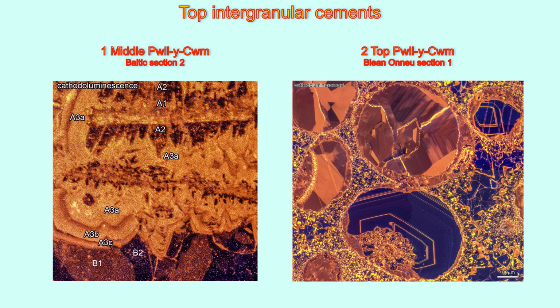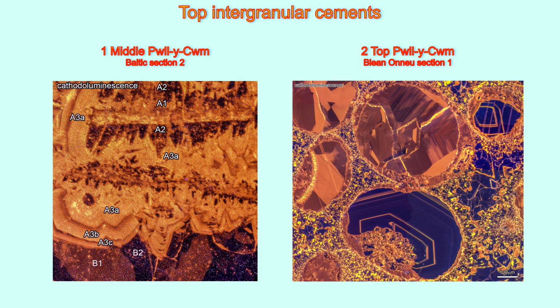At deposition, the top and middle Pulthicum samples were similar skeletal ooid grainstones. They are now different because they evolved along different diagenetic pathways.